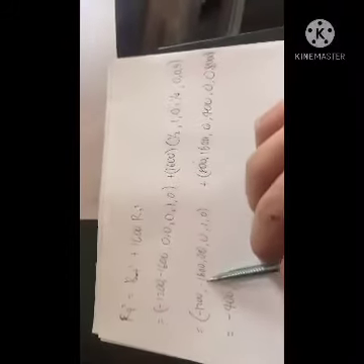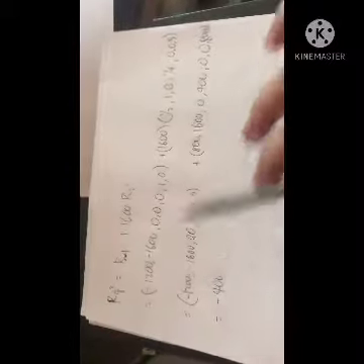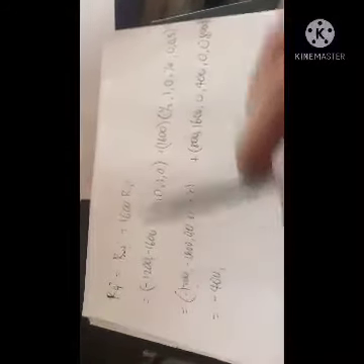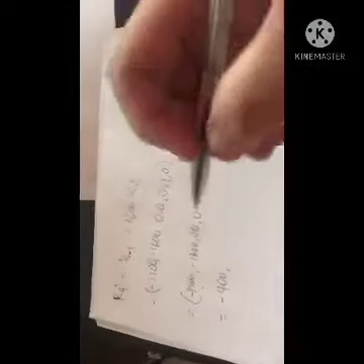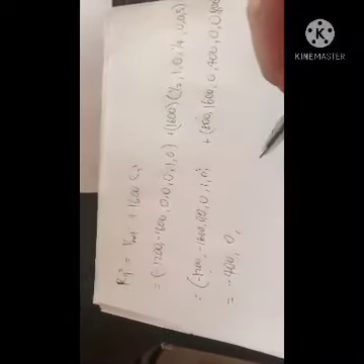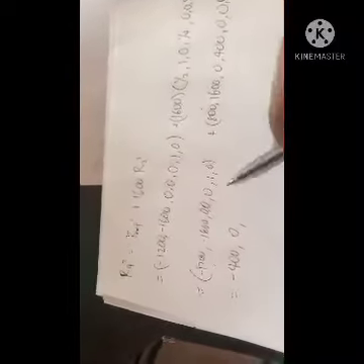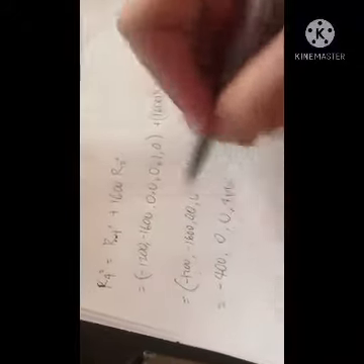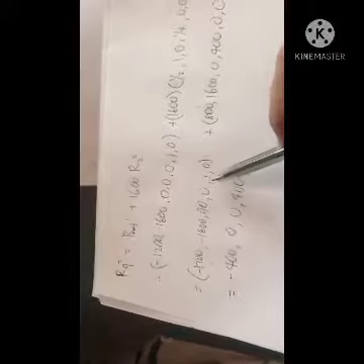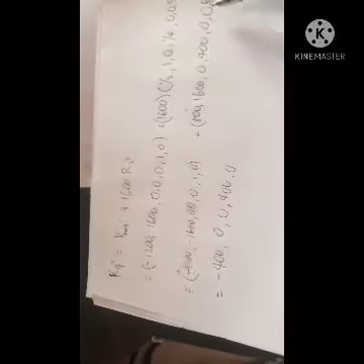Negative 1,600 plus 1,600 is 0, because one is negative and the other is positive. Then 0 plus 0 equals 0, 0 plus 400 equals 400, 0 plus 0 equals 0, 1 plus 0 equals 1, and 0 plus 8,000 equals 8,000.